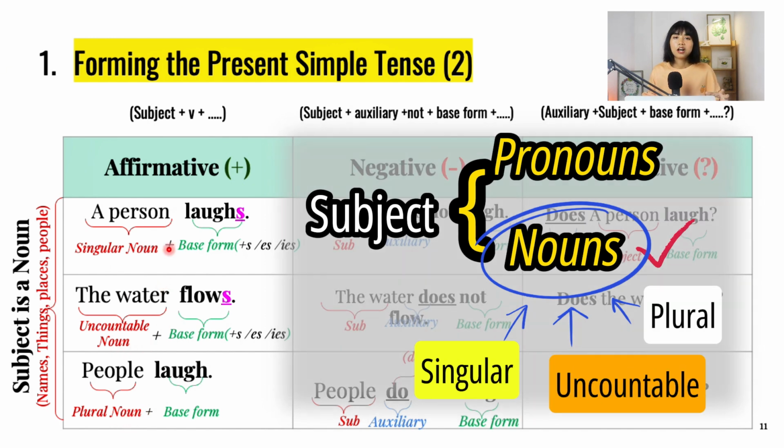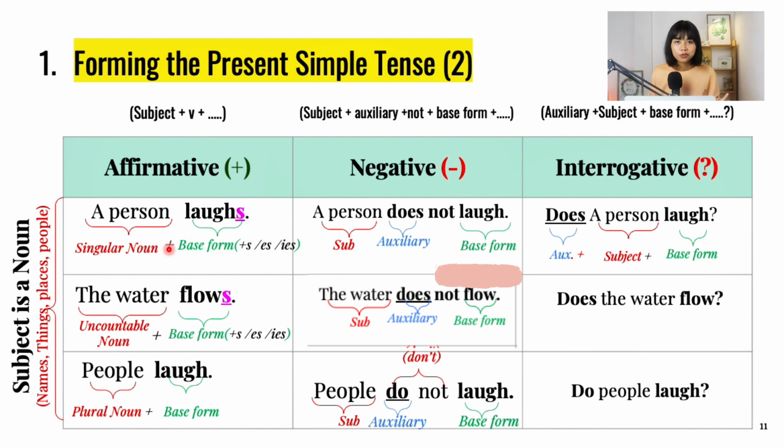All you need to remember is that when the subject is a singular noun or uncountable noun, you use the same forms, including positive, negative, and question form, as when the subject is he, she, or it. Similarly, when the subject is a plural noun, we use the same forms as when the subject is I, you, we, or they. I hope this makes sense.